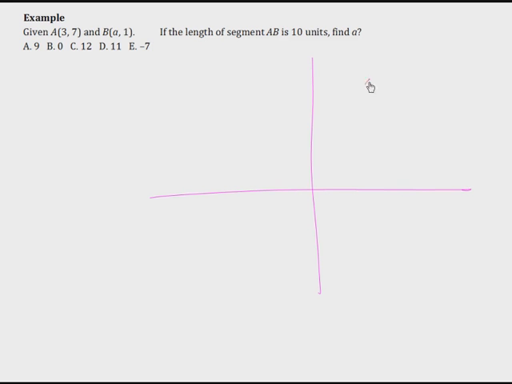So A 3, 7 is somewhere here and B A, 1. I need to find A, but I know the y coordinate of B is 1. So that's here. So I know B is somewhere here. Let's say B is here. B is A, 1. So the horizontal component is A.